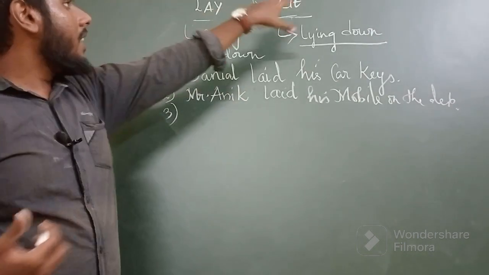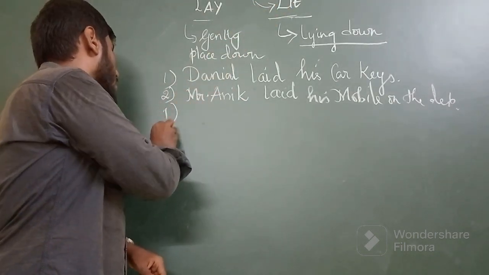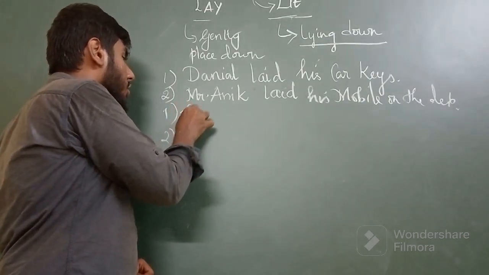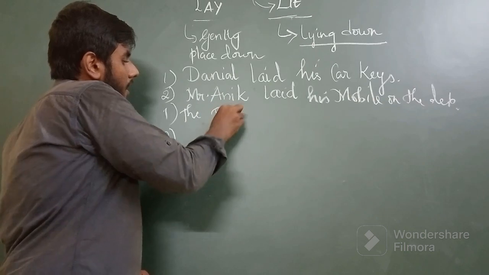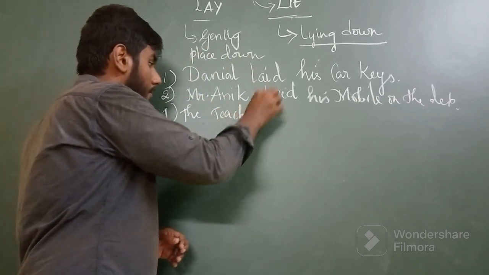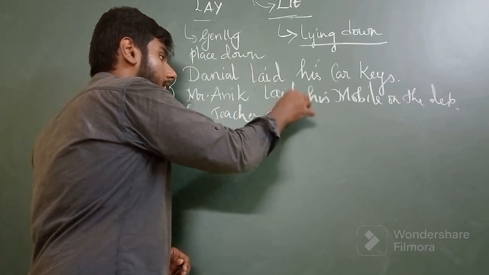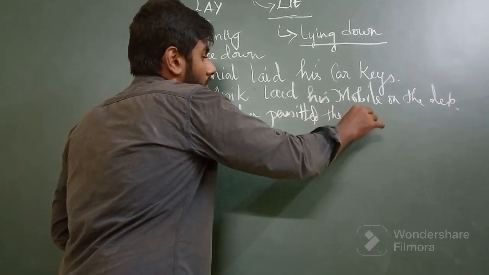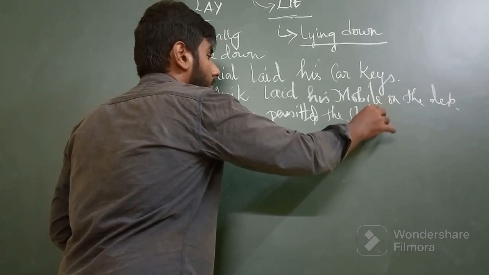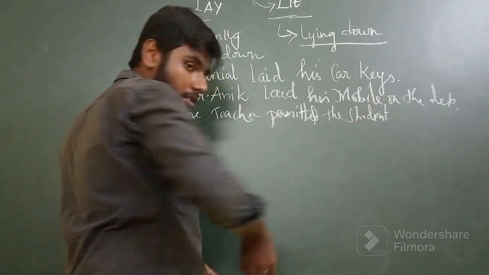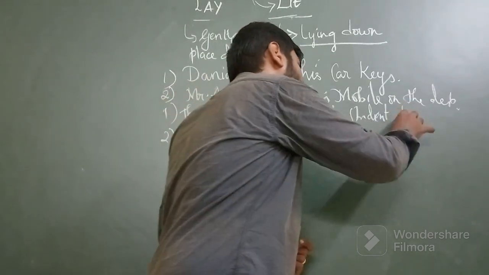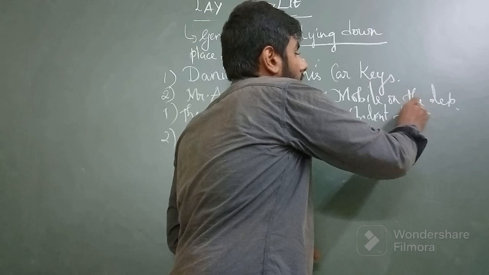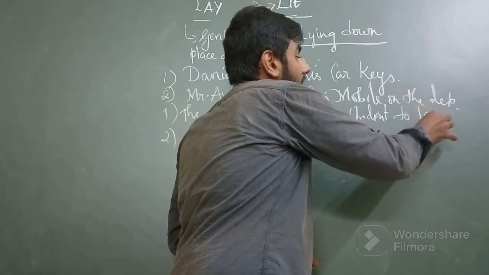And now we'll have two example sentences for lie. The teacher permitted the student to lie down.